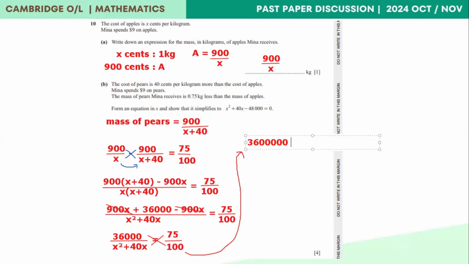That is equal to 75 into x square, which is 75x square, plus 75 into 40x, which is 3,000x.